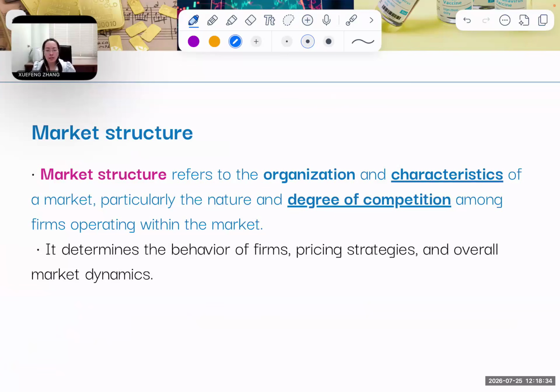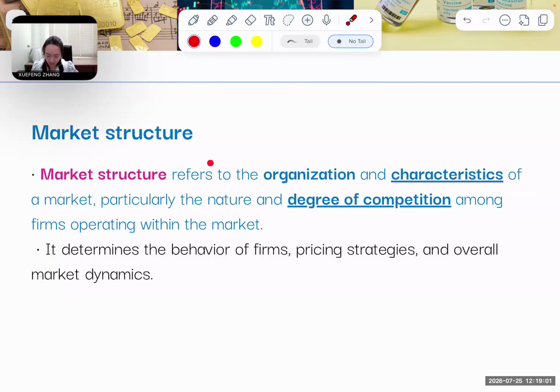So we've talked about markets globally and locally. Now the real question: how many players are actually competing in the market and how much power does each one have? That's what market structure is. It's really just one question: how much competition is there among the firms selling in a market?